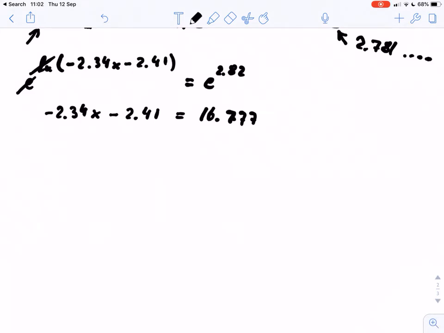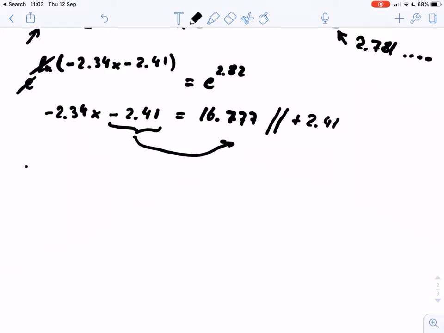There's no ln or e in it because we've eliminated it. So what we need to do is we need to bring this part here, that's the one without the x, to this side by basically adding 2.41 to both sides of the equation.